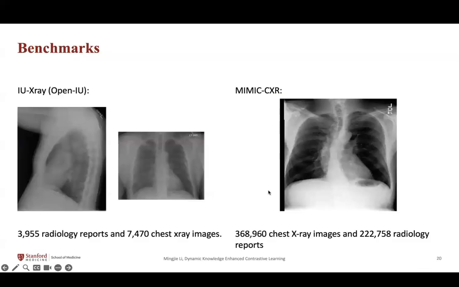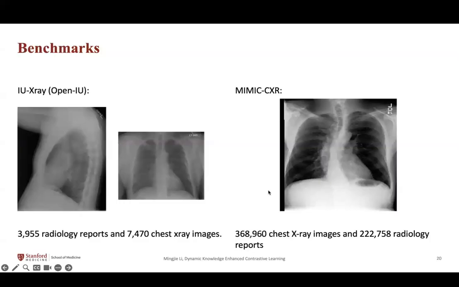It contains almost 4,000 radiology reports and 7,470 chest X-ray images. In this dataset, each frontal and lateral view image pair is associated with a report. So to process the IU-Xray data, we have to use two image encoders to extract visual features, and then fuse them together.